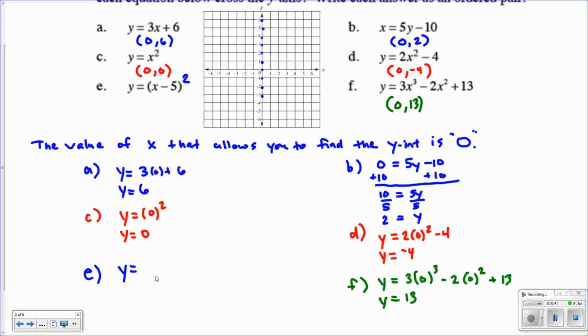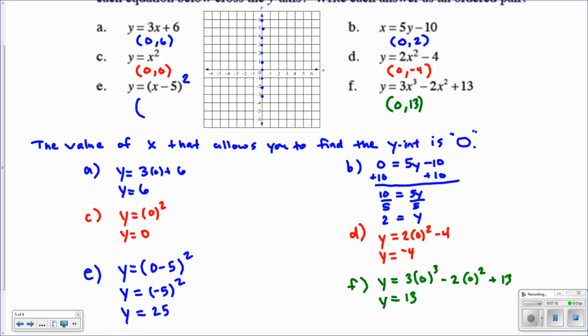So we're going to do y equals 0 minus 5, and then that quantity is actually squared. So 0 minus 5 is going to be negative 5, and then we're going to take that negative 5 and square it. And it's really important that if you try to use your calculator here, you make sure you put that negative 5 inside the parentheses and the exponent outside, because this is going to leave you with positive 25.